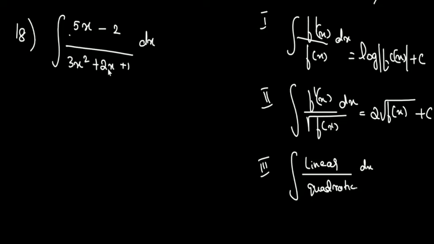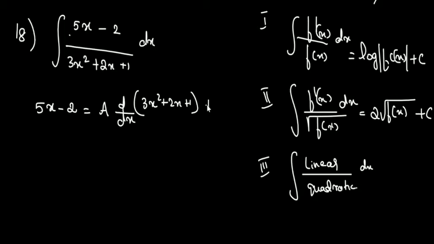So for these types of sums, the method is to write the numerator, that is 5x minus 2, as a times the differentiation of the denominator, plus b. That will get you the constant that we have to multiply and divide.